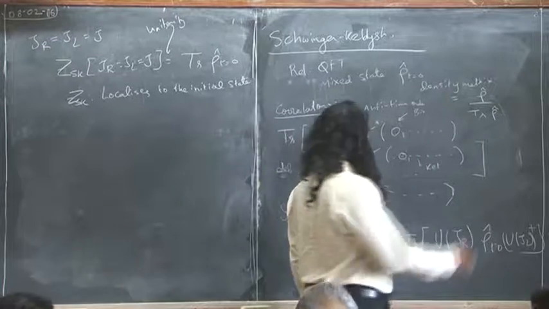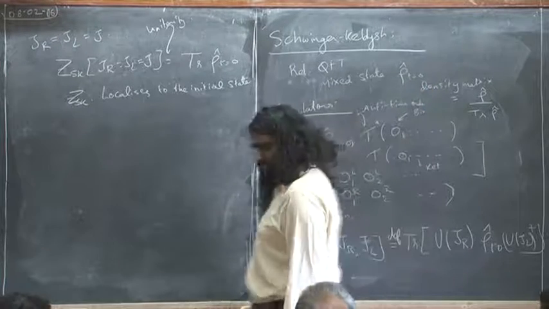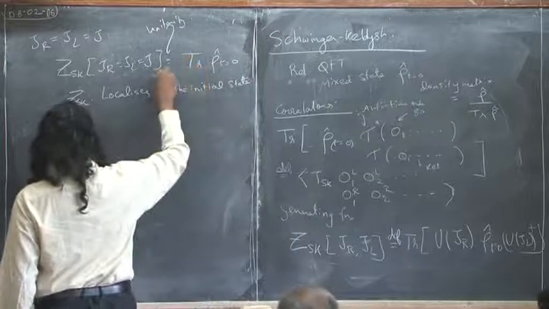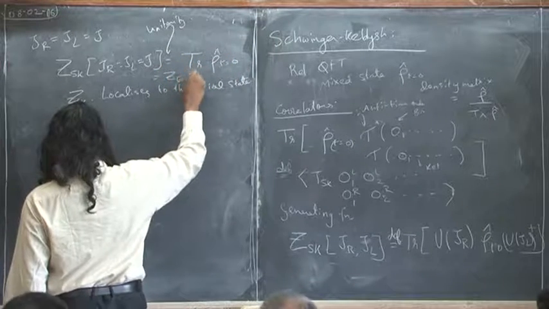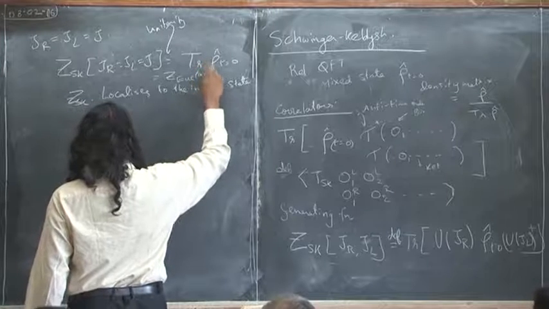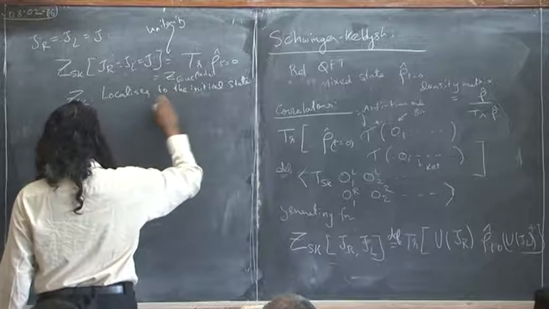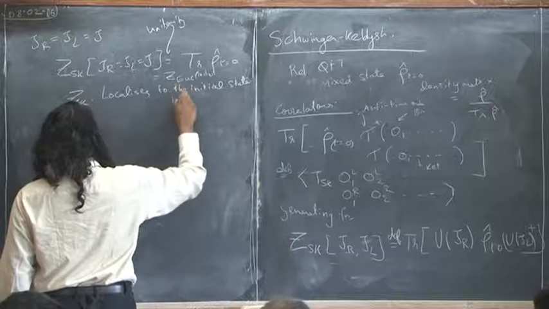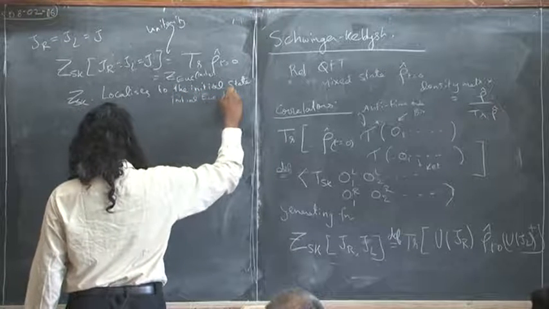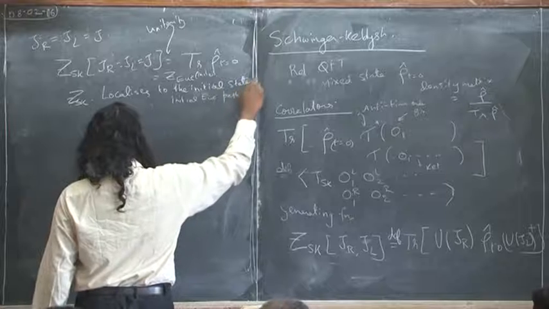If rho hat is, let's say, for the thermal state, e to the power minus beta H, then this would be the same as Z of the initial. Another way to say it is that it localizes to the initial Euclidean density matrix or Euclidean path integral, which defines the rho.